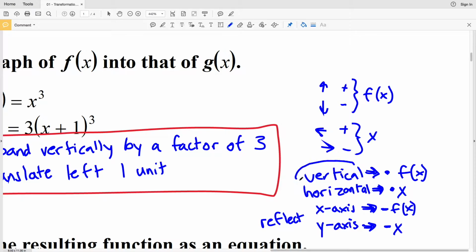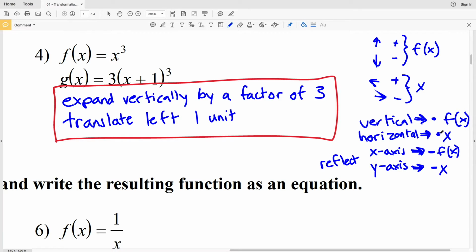But I want to note that for vertical expansion or compression, larger numbers expand and numbers between 0 and 1 compress. But for horizontal, the larger numbers compress and the smaller numbers, so numbers between 0 and 1, so fractions, will expand it. So if you want to, feel free to make a note of each of these so that you understand how we're going to be transforming functions.